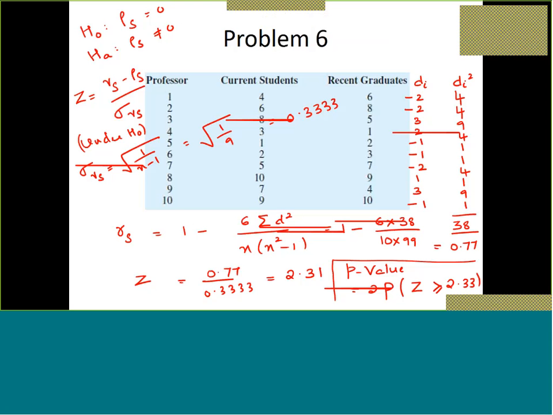Yes, mu, you are right. Mu means the expectation of your random variable RS. So the expectation of RS is rho S, right? Sigma means sigma of RS. Any other questions?